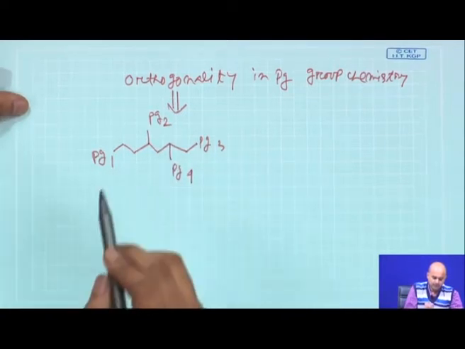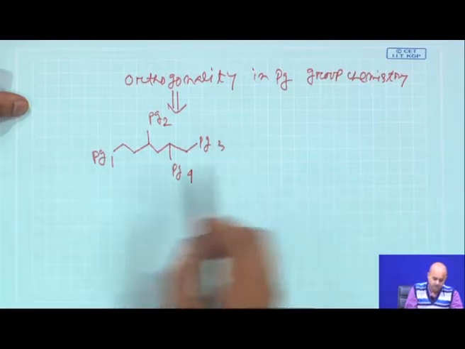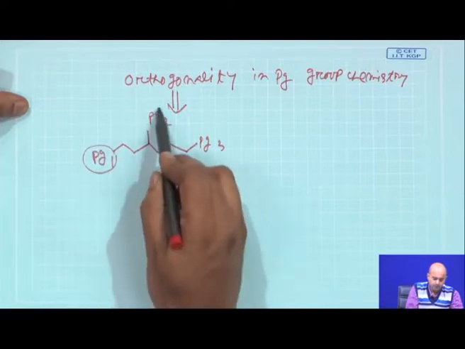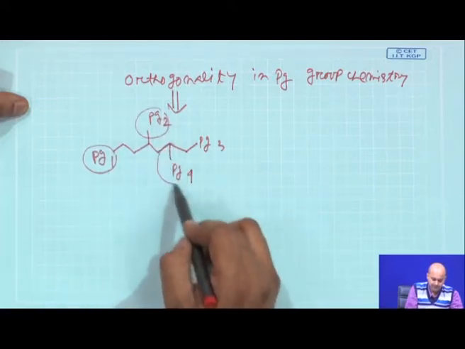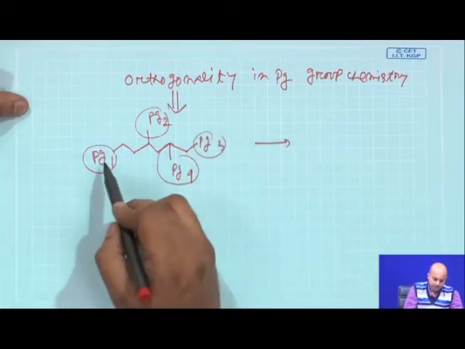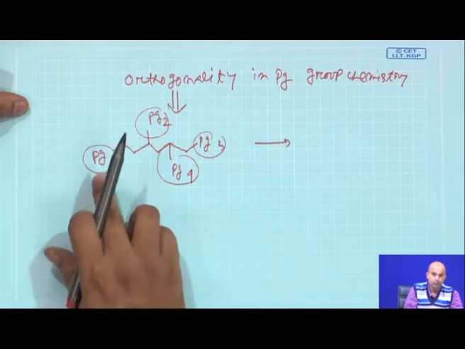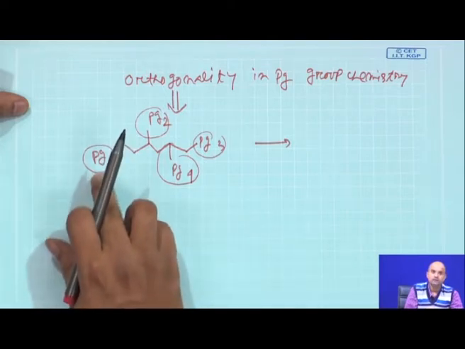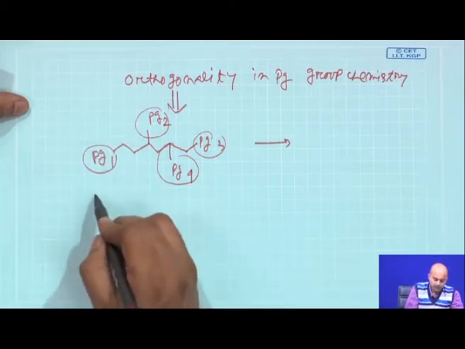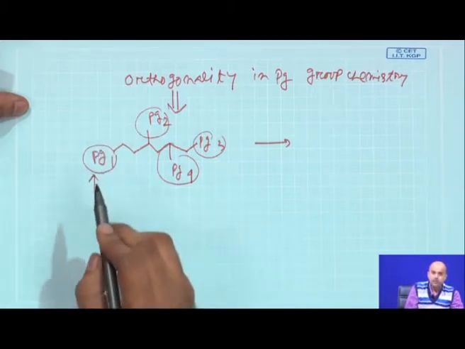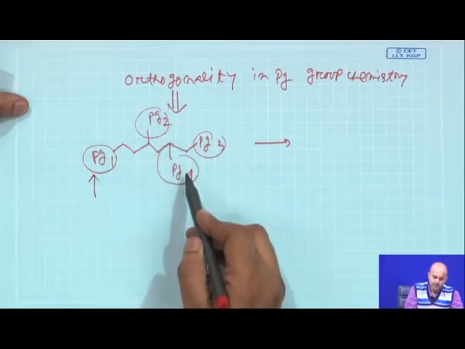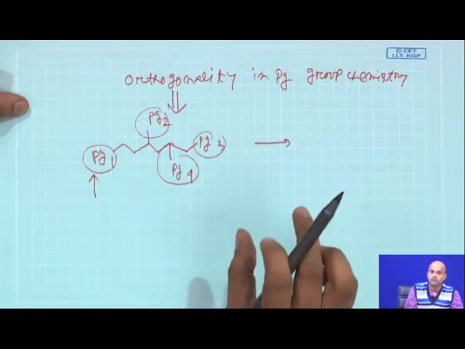Whenever you are doing a reaction on any of these reacting sites, in principle all the protecting groups should be inert, is it not? Then say you want to selectively remove PG1 to do some FGI on this reacting site. Under this reaction condition, PG1 should only be cleaved; PG2, PG4 and PG3 must remain intact.